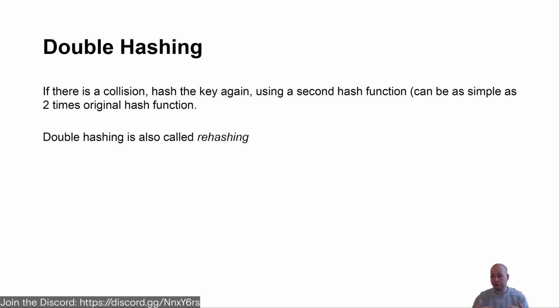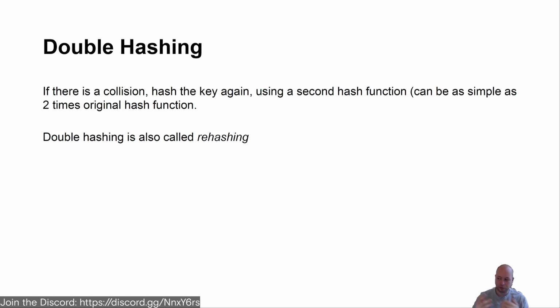So another approach, and we already hit on this a little bit, is just hashing again. If we have a collision, then we hash again. This is actually a pretty simple approach. If I hit a collision, you might have to store the original key.